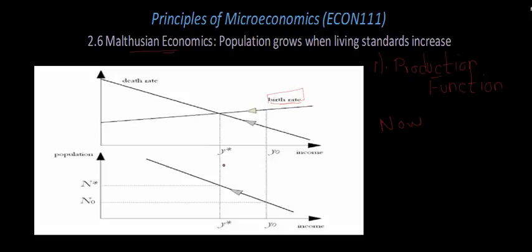This line is produced by the concept of these two lines, and we will be able to find the subsistence population through this graph.